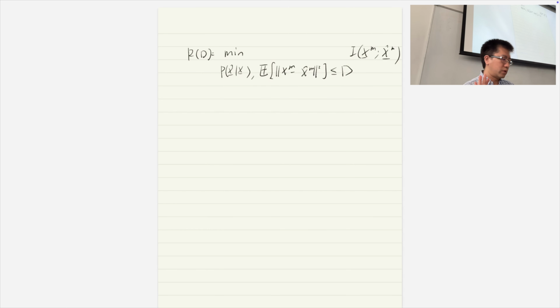So we're going to optimize it, and the idea is the same as before. We don't use an analytical approach. We do whatever we did before: characterize the lower bound of the mutual information and see when equality will hold.